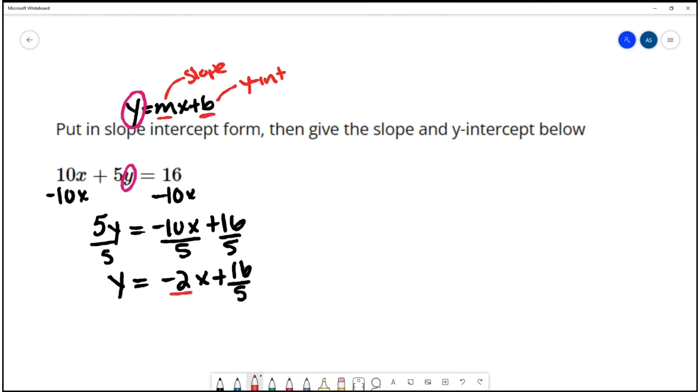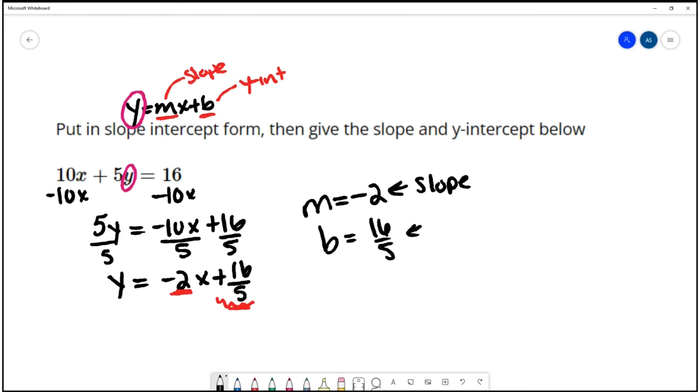So we can see that the coefficient of our x is our slope. So for this example, m is negative 2. That's our slope. And the y-intercept is this constant here. We have b being 16 over 5, and that's our y-intercept.